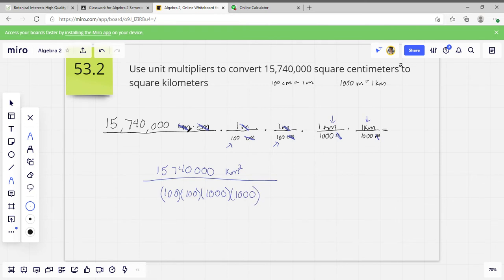Okay, so we're dividing, and we're going to have to move our decimal point 1, 2, 3, 4, 5, 6, 7, 8, 9, 10 spaces. So it's going to go 1, 2, 3, 4, 5, 6, 7, 8, 9, 10.